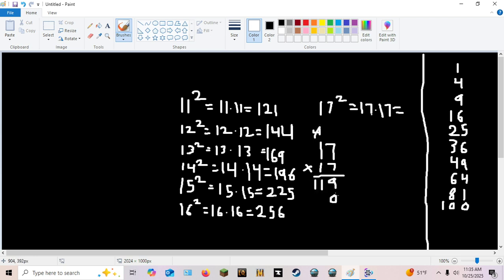Cancel the 4, add a 0. 1 times 7 is 7. 1 times 1 is 1. So 9 plus 0 is 9. 1 plus 7 is 8. And then 1 plus 1 is 2. So this actually equals 289.